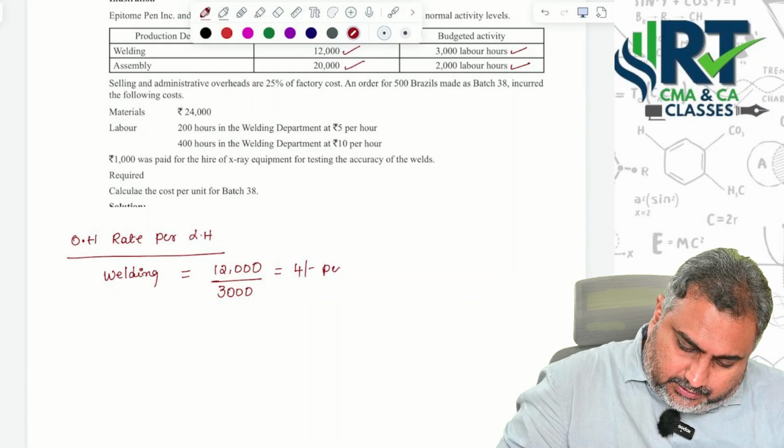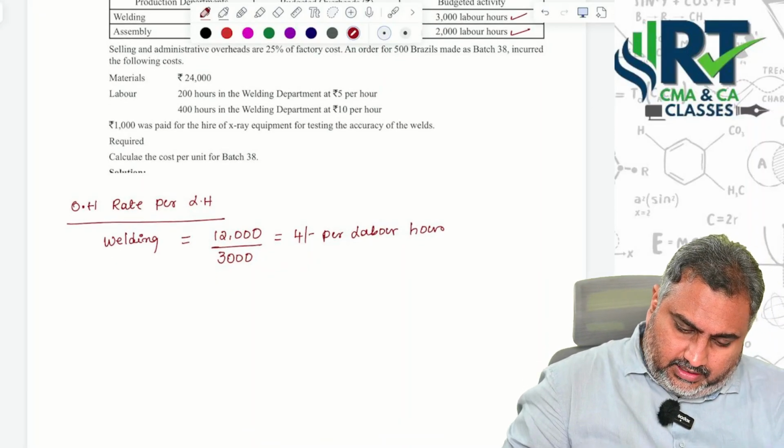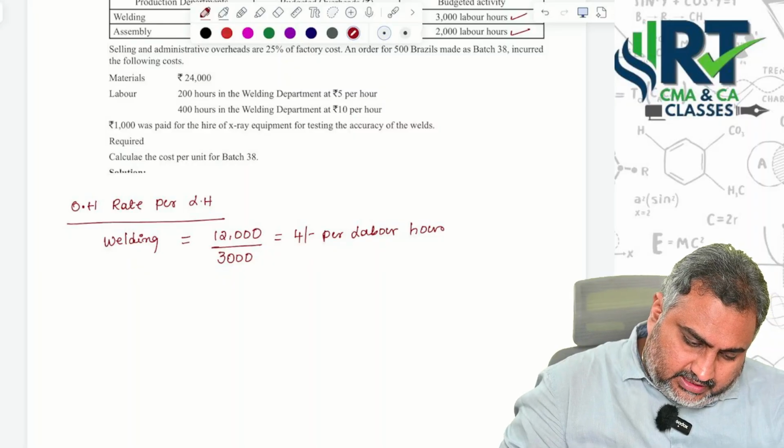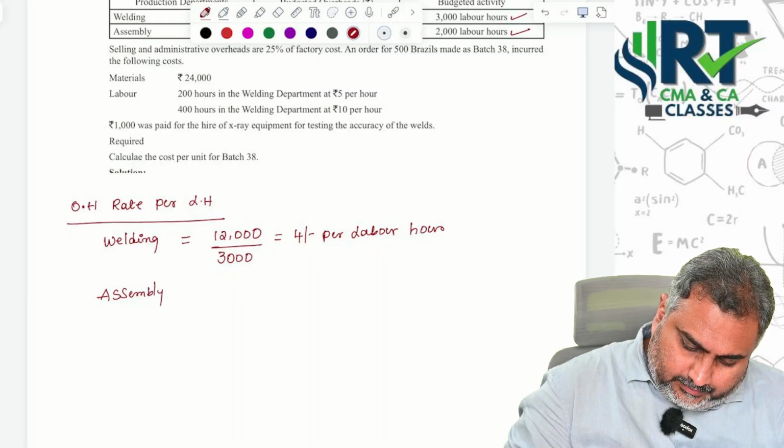So the rate per labor hour is 4 rupees. When it comes to assembly, we are incurring 20,000 rupees for 2000 labor hours.